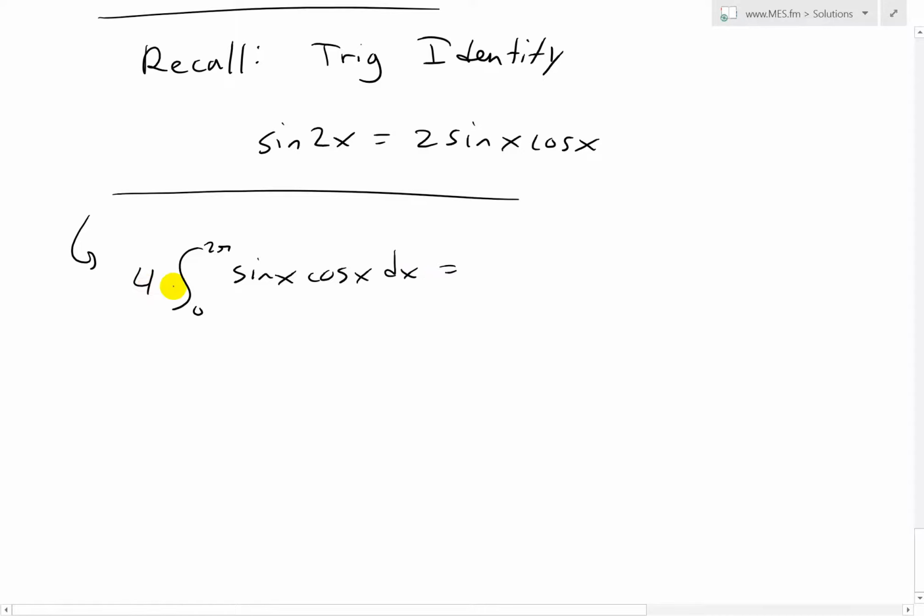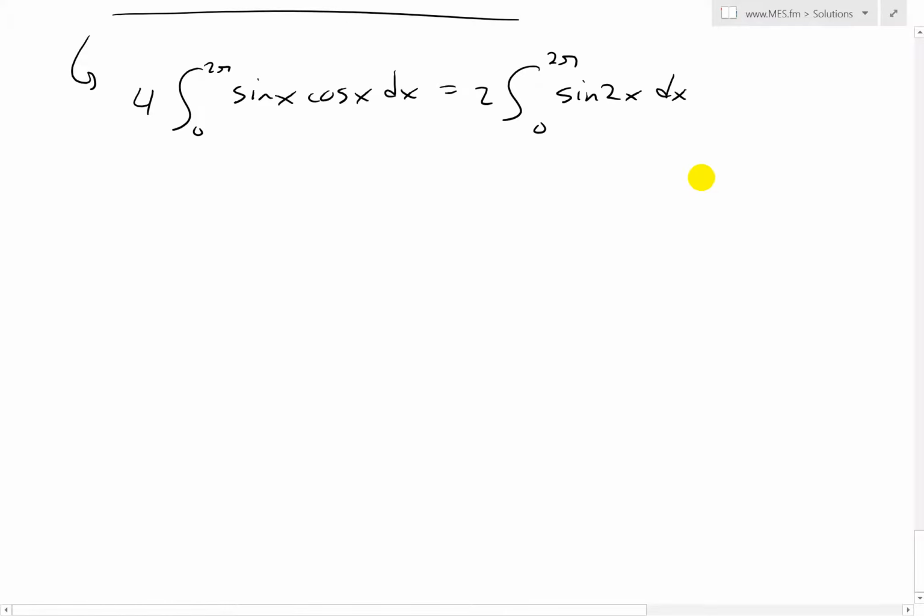So 4 times the integral from 0 to pi of sine x cos x dx is equal to 2 times the integral from 0 to pi of sine 2x dx, because we have 2 sine x cos x times 2. We can evaluate this integral fairly easily.